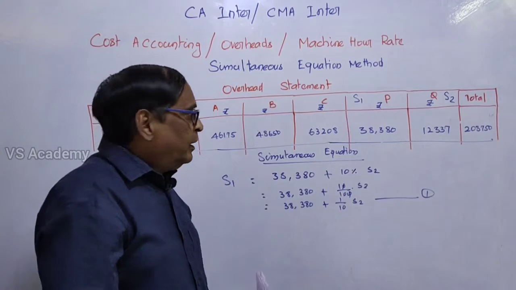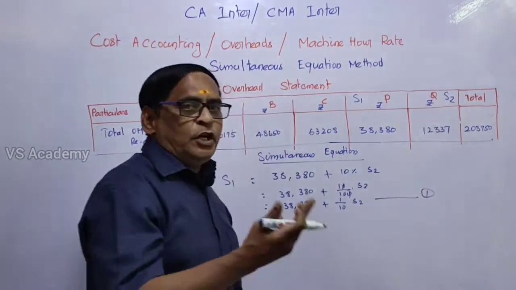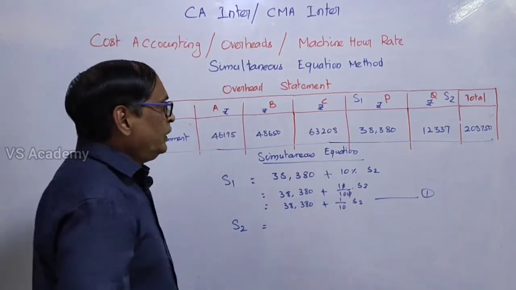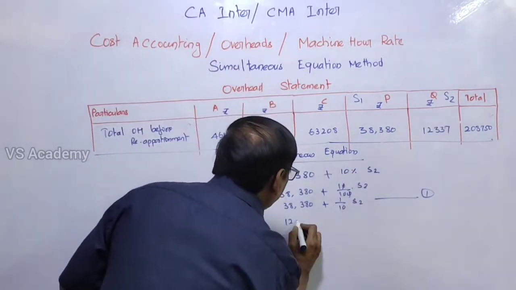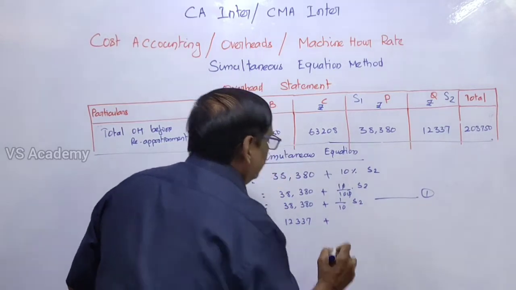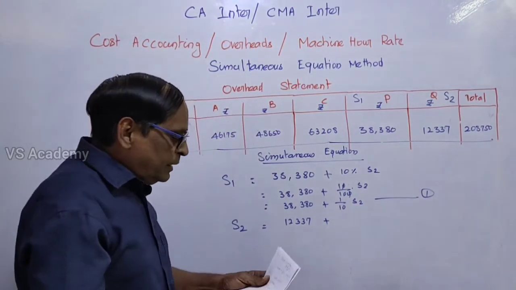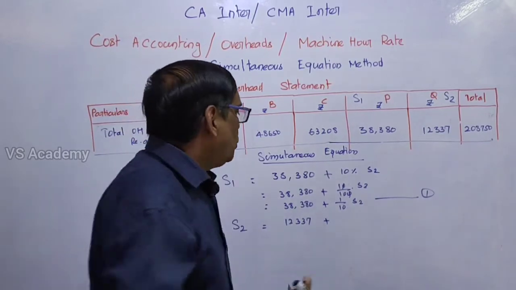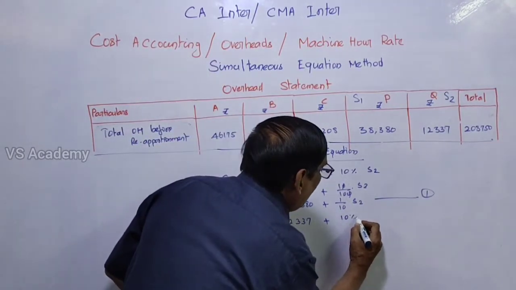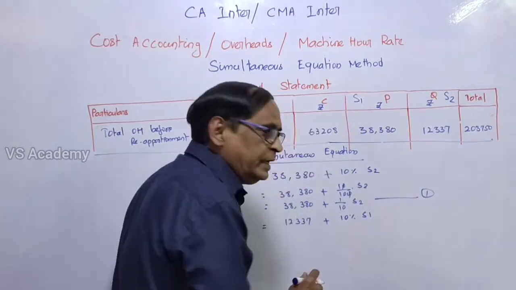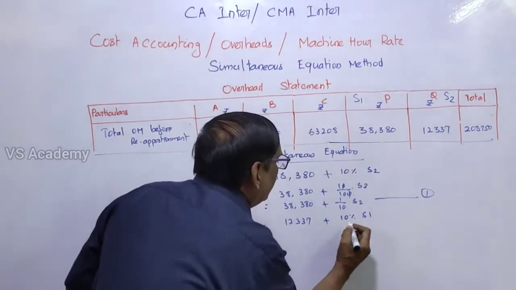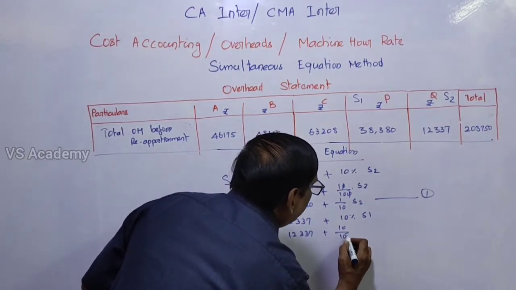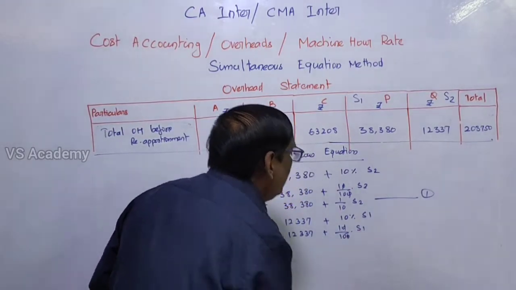And then what will be S2? S2 will be the actual cost 12,337, the whole amount, and then as per the question, plus 10% of S1. So 12,337 plus 10 by 100 into S1, that means 1 by 10 S1.